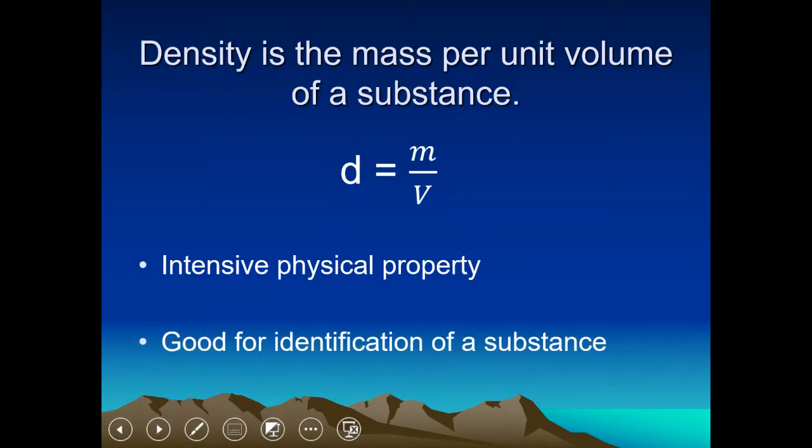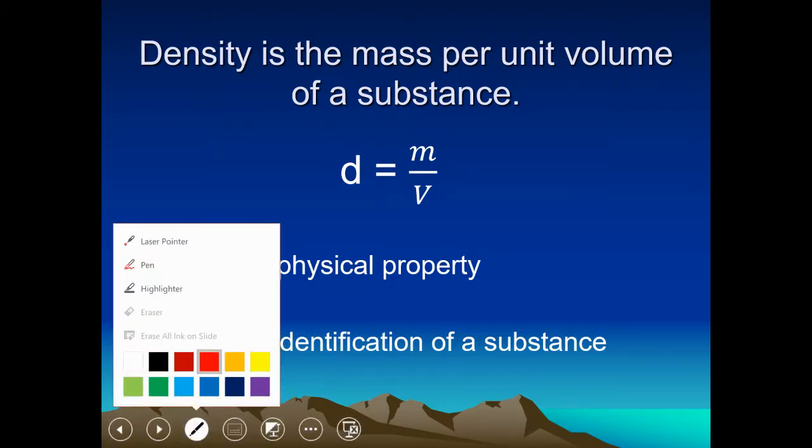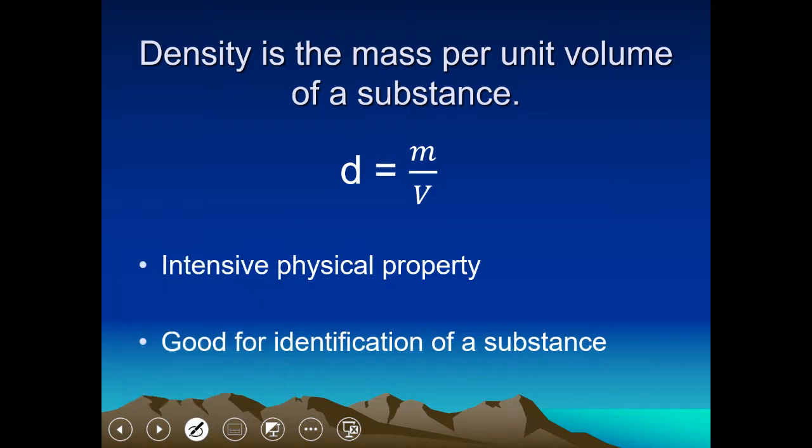So here's the definition of density: the mass per unit volume of a substance. And you can see that that translates into a little equation there, where D is density. You'd have some kind of mass unit like grams or kilograms divided by a volume unit like liters or milliliters or centimeters cubed.